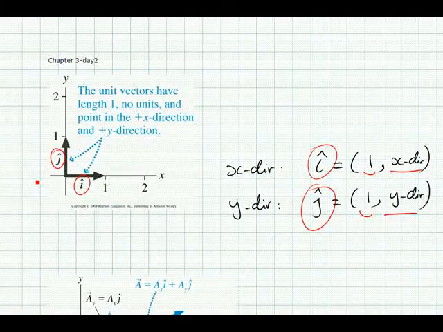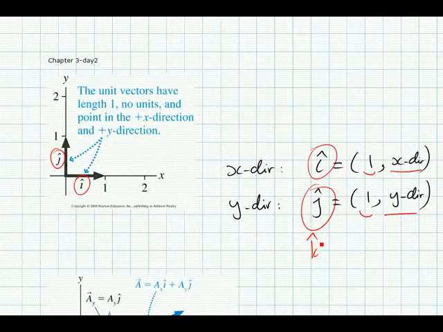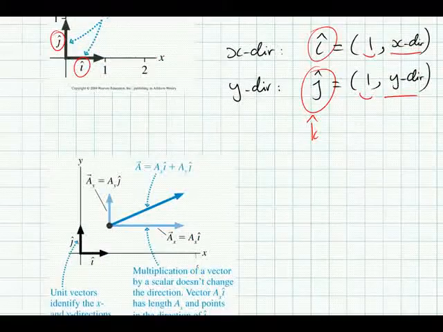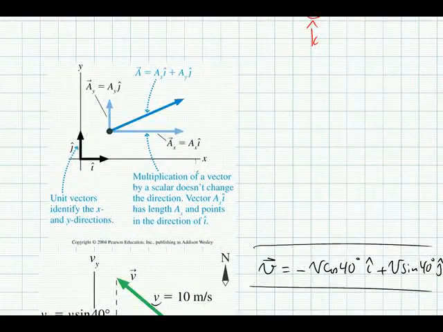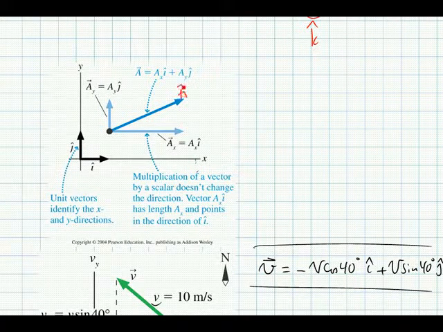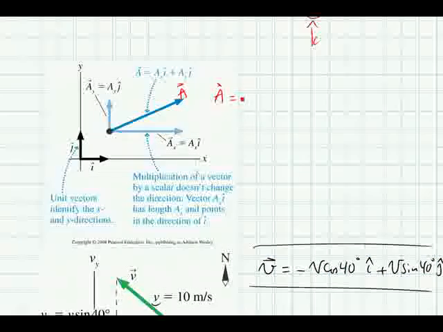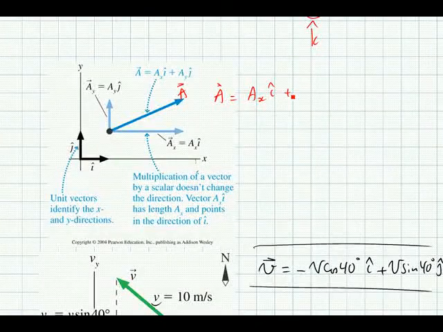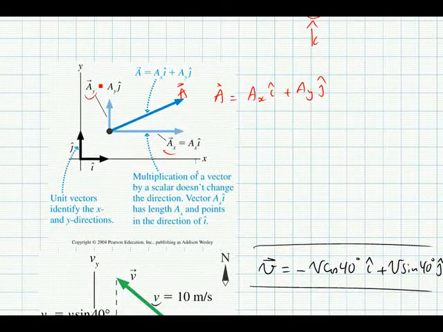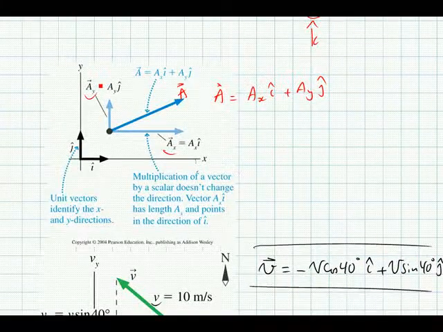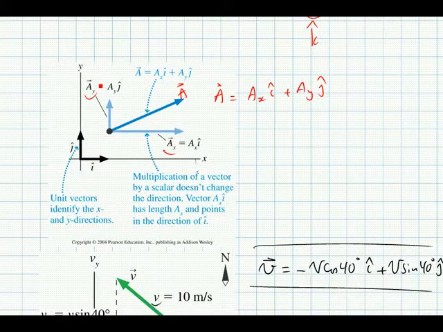I think in a few chapters' time we'll also introduce unit vector k, which is along the z direction, for three-dimensional analysis, but for the time being we're only going to confine ourselves to two-dimensional analysis. So as you can see in this figure, we have vector a, and vector a is expressed as ax i plus ay j, where ax and ay once again are the x and y components of vector a.